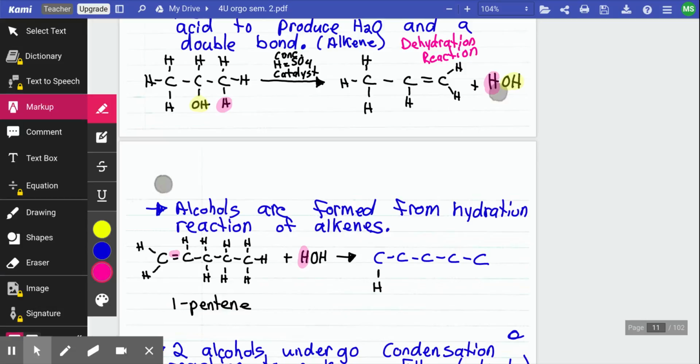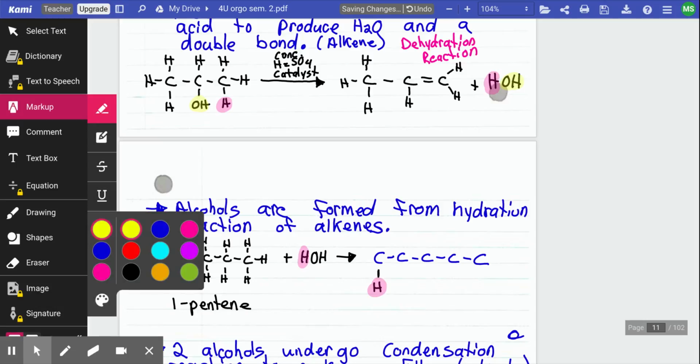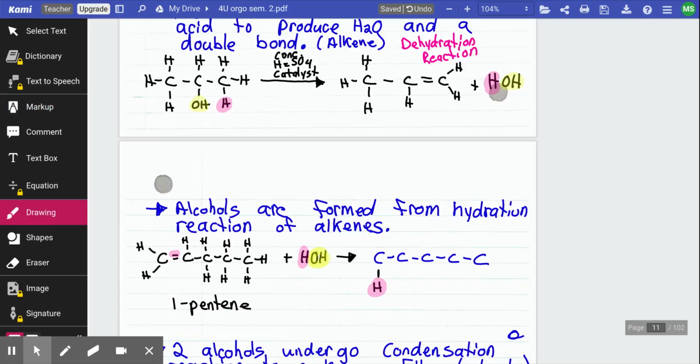right here. And then your hydroxyl right here is going to end up on this carbon right here.